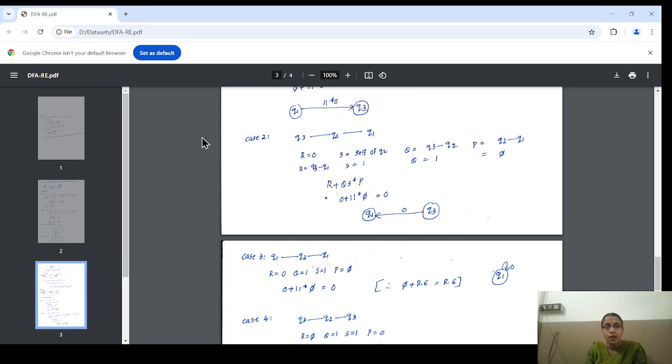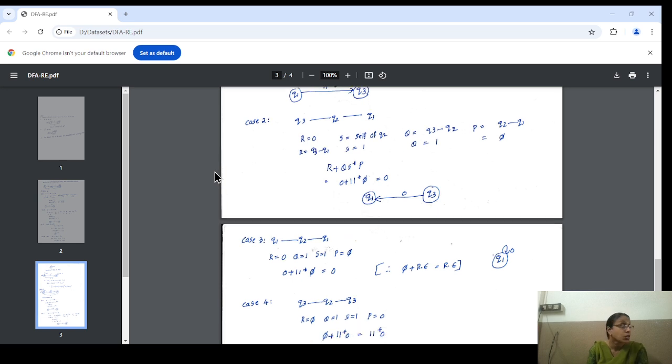So the S is equal to 1. And Q2 to Q1 means the P value is 5. So after substituting the values in the formula, we get the value 0. So 5 plus R into expression equal to R into expression. So the Q1 state value is 0.